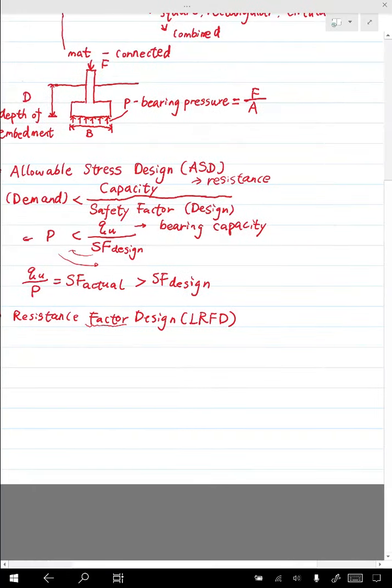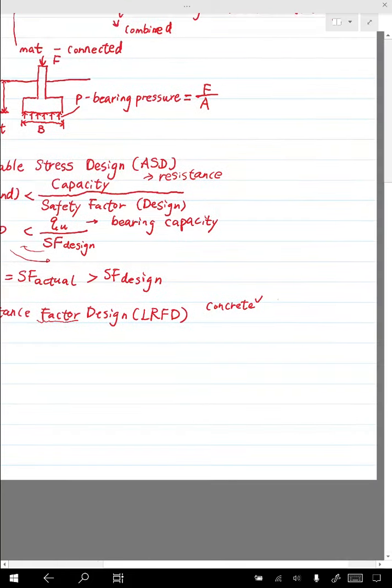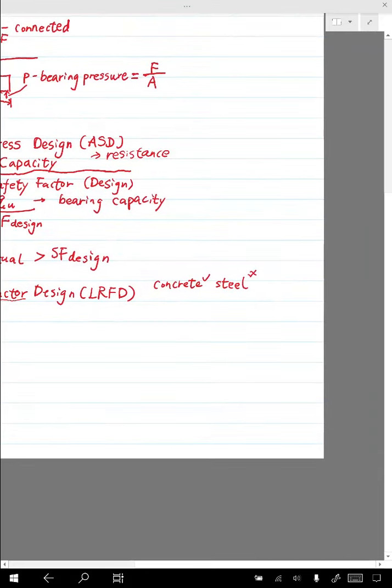This LRFD has been used a lot for concrete. And for steel, it has been used, but not as often as in concrete. In timber, it's even less often.